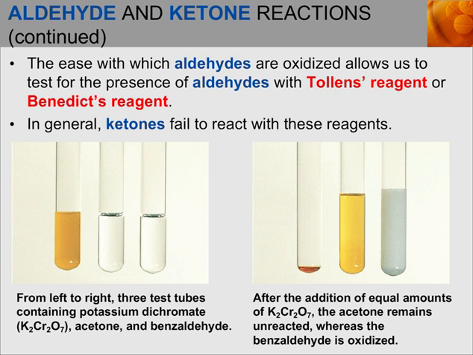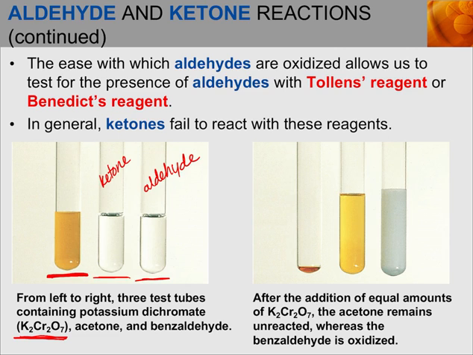So down below we have two pictures. On the left, we have an oxidizing agent in the first test tube. So that's the potassium dichromate that we've seen before. The second test tube contains acetone, so that is our ketone. And then the third test tube contains our aldehyde, benzaldehyde.